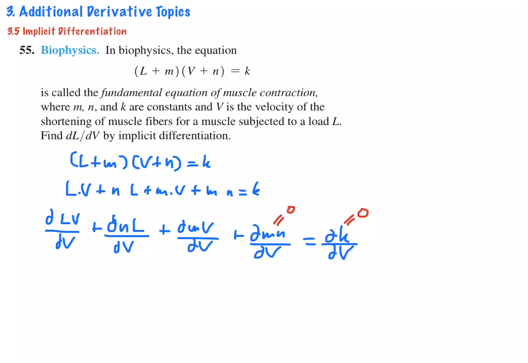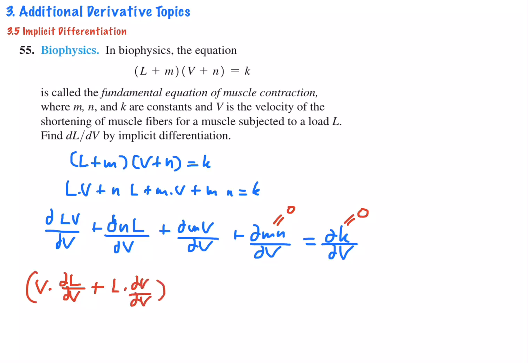So let's just examine this one, d(LV) over dV. As we have discussed, this is the variable L times V, so we treat it using the product rule. It will be V times dL over dV, the first function times the derivative of the second, added with L times dV over dV.